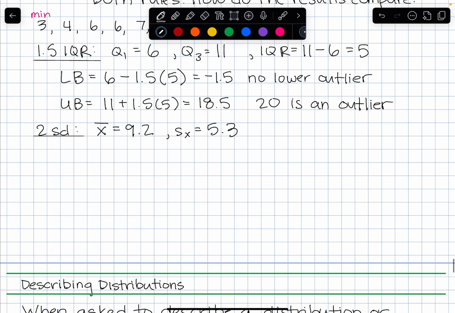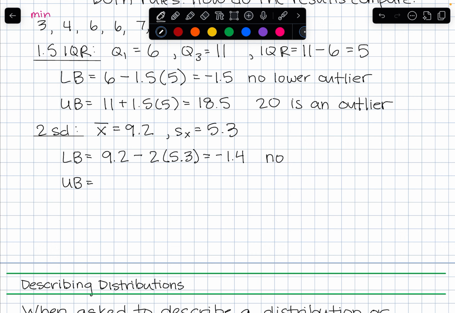So we're going to go ahead and do our lower bound and our upper bound. For the 2 standard deviation rule, we take the mean for the lower bound and subtract 2 times our standard deviation. So on a calculator, we're going to do 9.2 minus 2 times 5.3. And I get negative 1.4. And our min is 3.